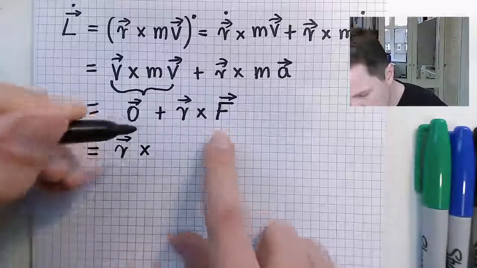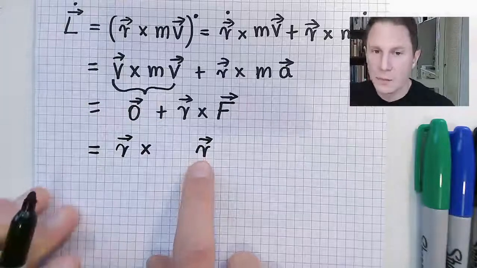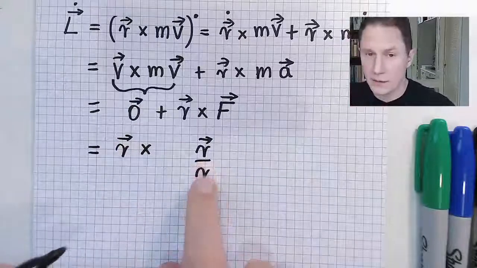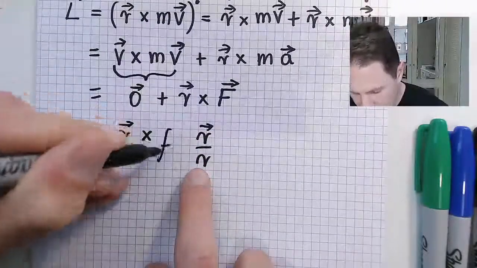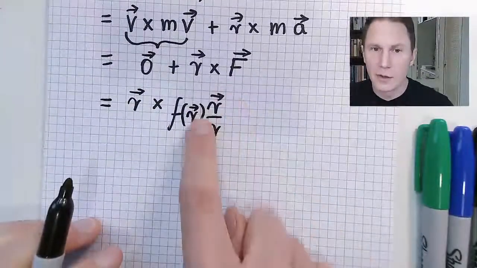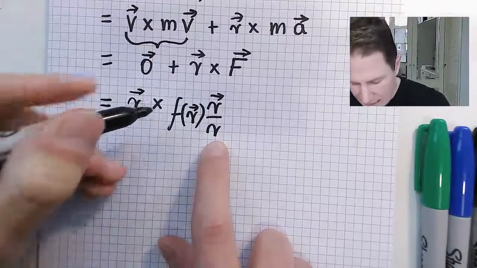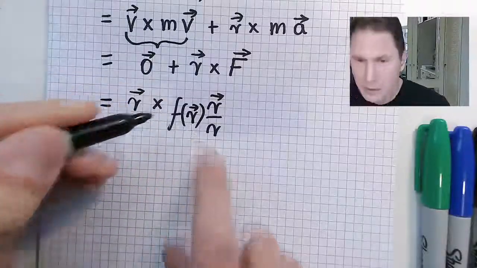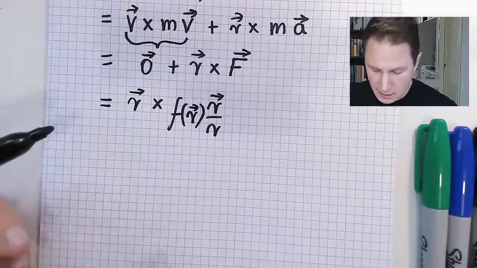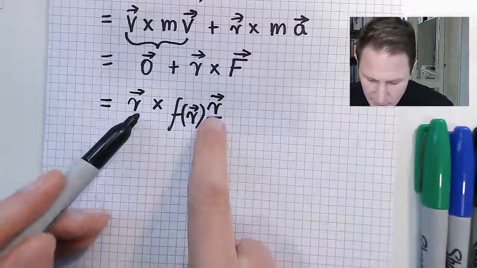And if F has the following form, if it's pointing to the origin, the center, with some magnitude. So this is the unit vector pointing away from the origin, and this little f(r) would give us the strength, the magnitude of the force. Never mind, that is just a scalar, just a number multiplying this position vector.